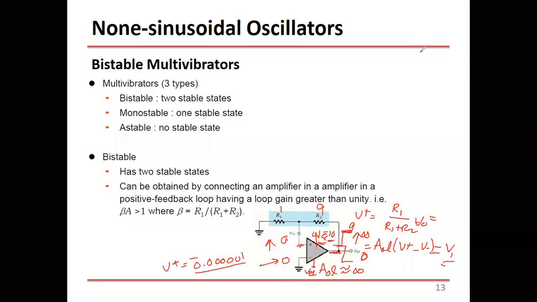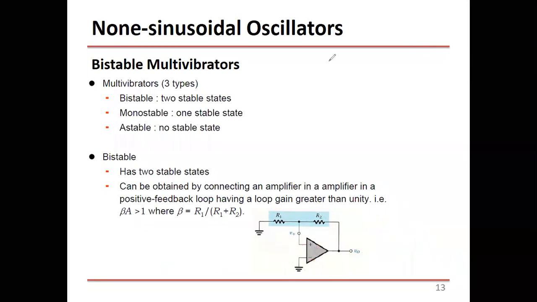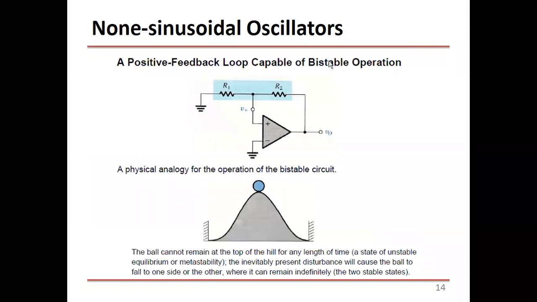So this is just the basic idea. I'm going to show you an analogy here. This is similar to having this ball on this tip here. Can you sustain this ball on the tip forever? Practically, no. Why? Because due to some wind, some dust, or anything that affects it from outside, it will either go this way or this way.